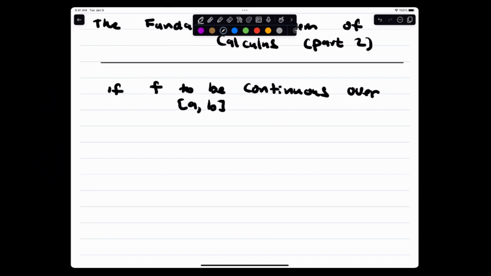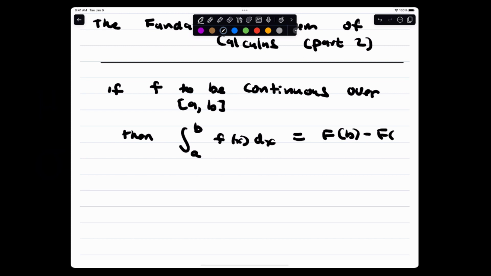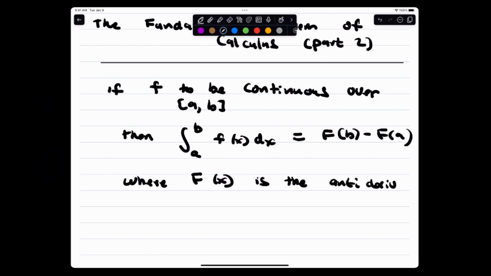And then you say, if you have that, then the definite integral notation we just gave you guys equals F(b) minus F(a), where big F(x) is the antiderivative of f.